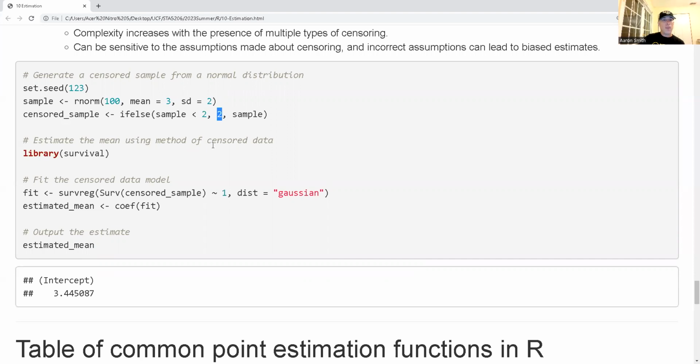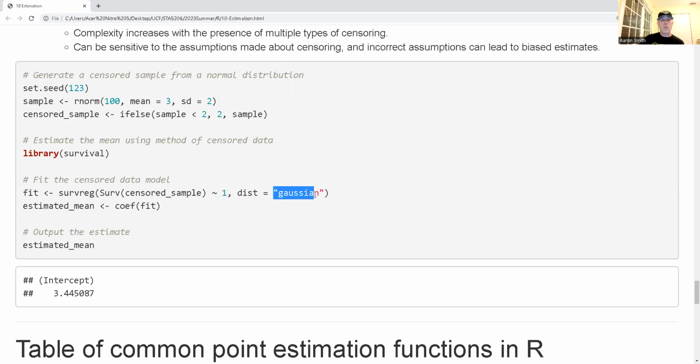Okay. And so now I'm going to go ahead and load the survival library. I'm going to run the survival function on the censored samples, and we'll say that those depend on the intercept, because we don't have any other predictor variables here.